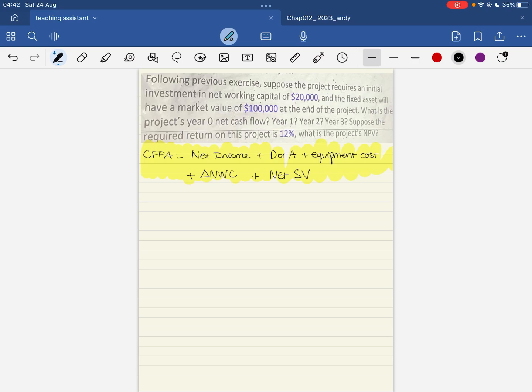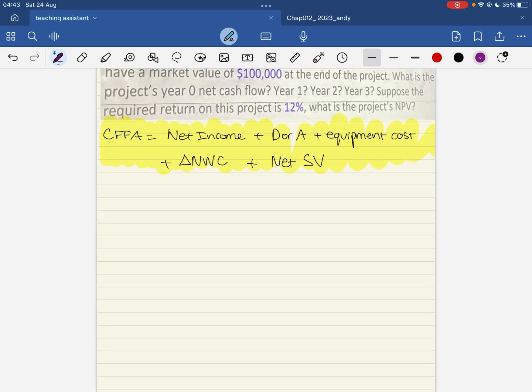CFFA is equal to net income plus depreciation or amortization plus equipment cost plus the change in the net working capital plus the net salvage value. Again, in order to achieve this exercise, we need to create a table.